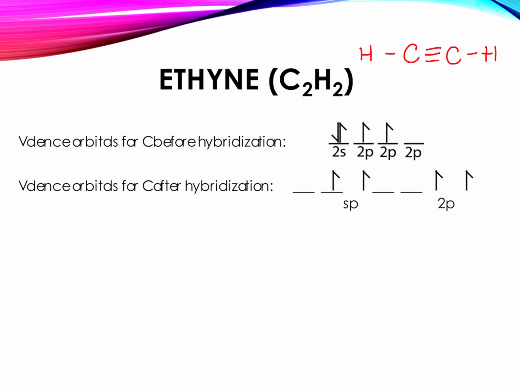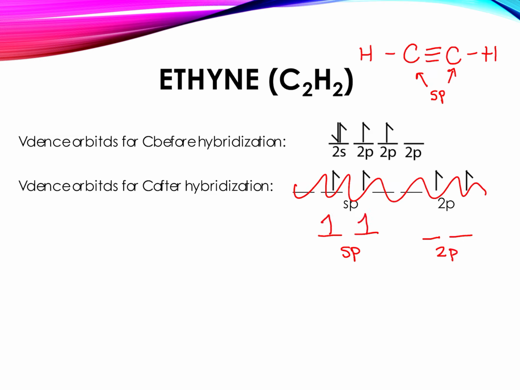Since those carbons have 2 areas of electron density, we know that they are both sp hybridized. So after hybridization, we're going to have 2 sp orbitals and 2 unhybridized 2p orbitals. So it's going to put 2 electrons in each of those sp and 2 electrons in the 2p.